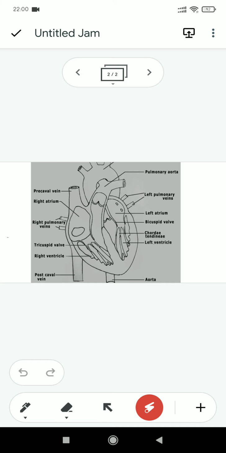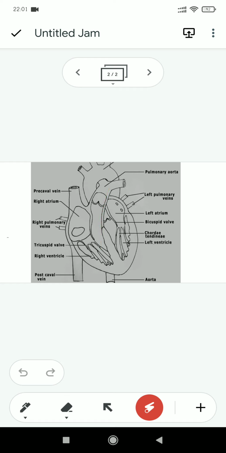Due to systolic pressure, the tricuspid valve opens up and allows the blood to enter into the right ventricle. In the same way, it was in diastolic position, then it contracts, and due to the systolic pressure it transfers the blood into the pulmonary artery.